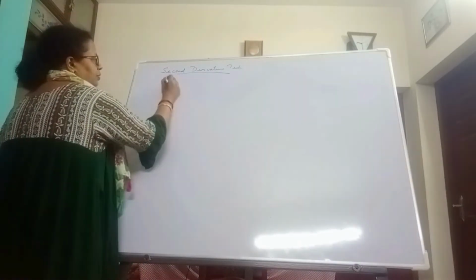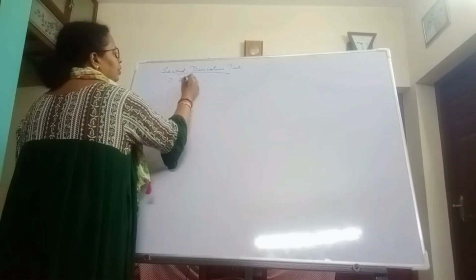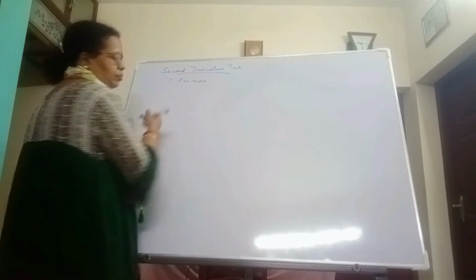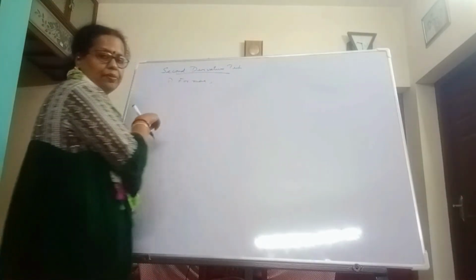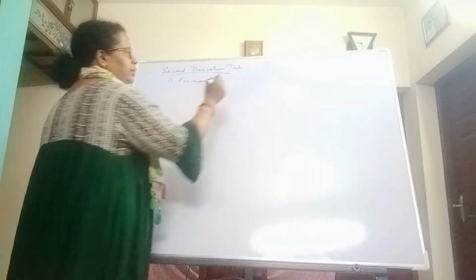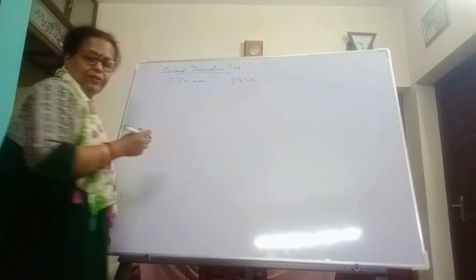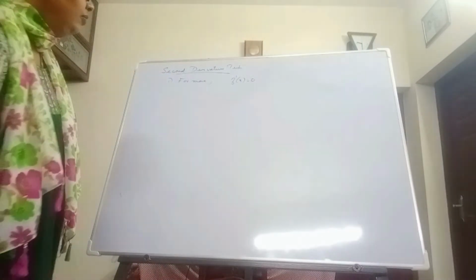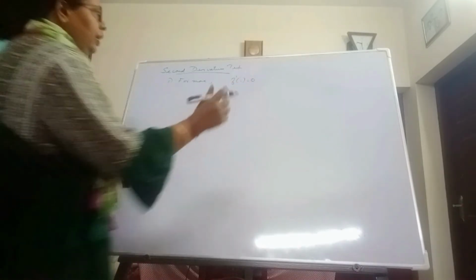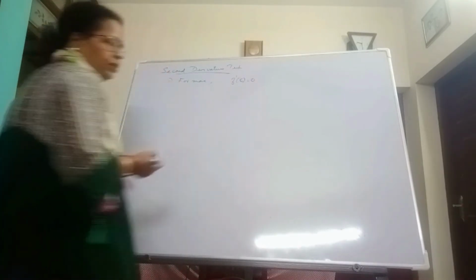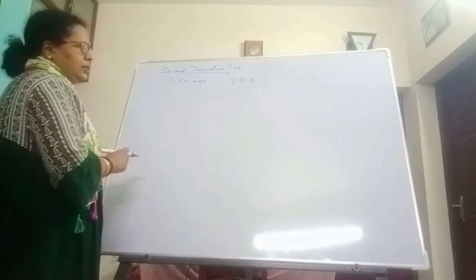The conditions of the second derivative test for f of x to be maximum, meaning local maximum: the first condition is the same as the first derivative test, f dash x equal to 0. If it is at x equal to c, we can write f dash c should be 0.